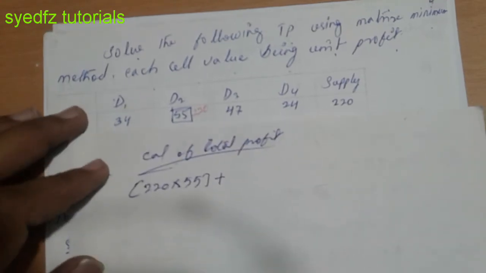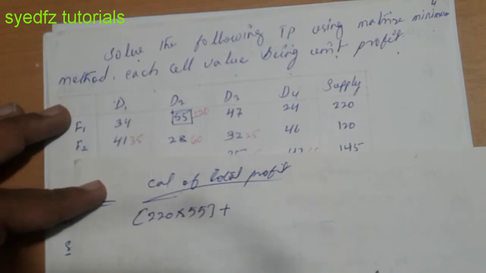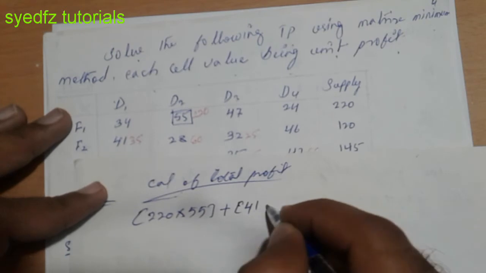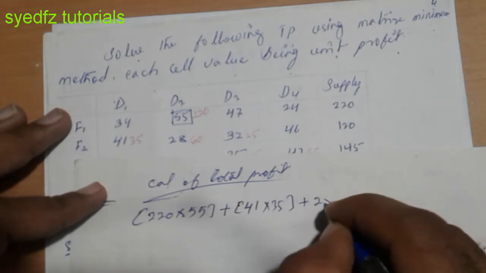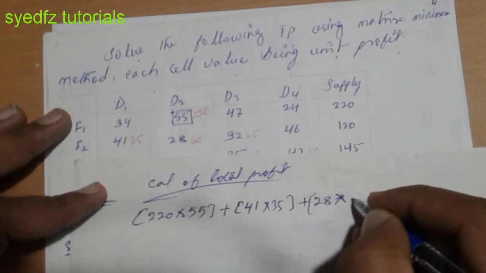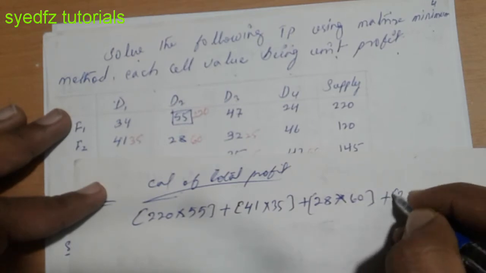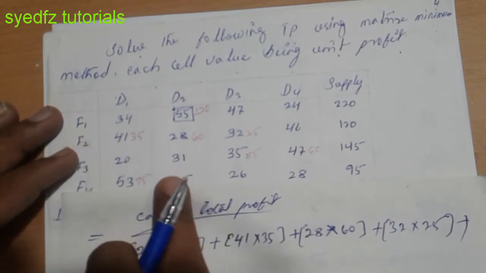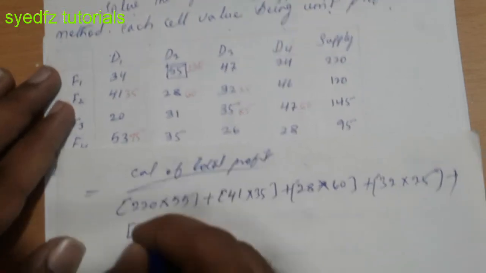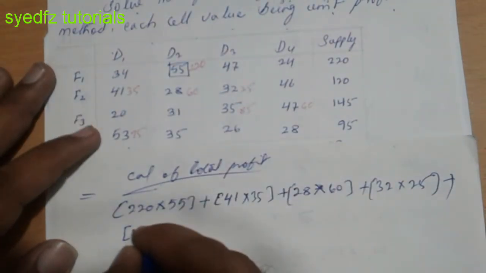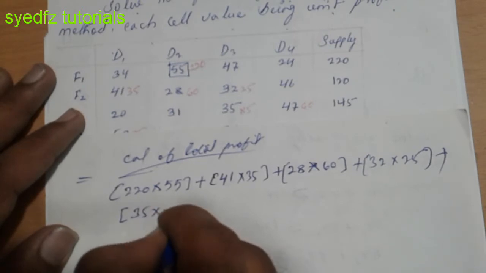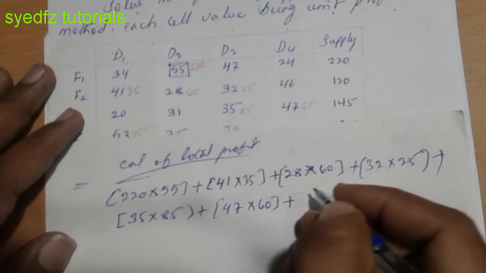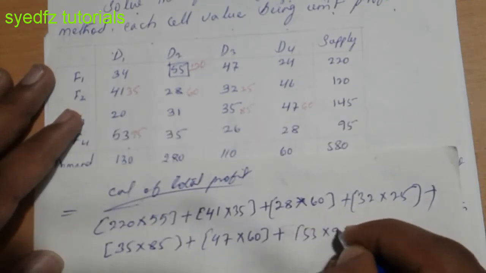I'm taking this one. Now from the second column, how much is this one? 41 into 35 plus 28 into 60 plus 32 into 25 plus, go for the third row, this one, 35 into 85 plus 47 into 60 plus last one 53 into 95.